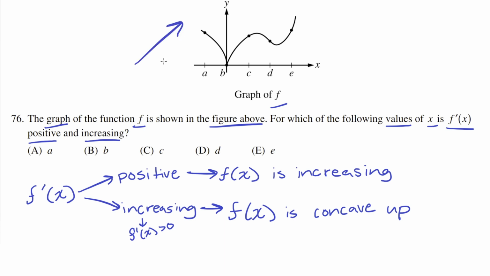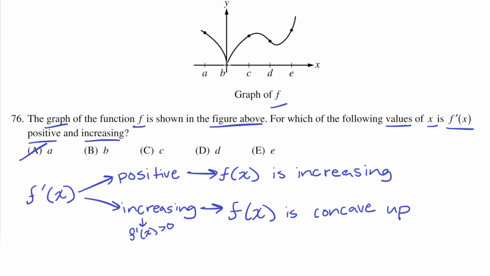Increasing functions have y values that are increasing as you go right on the x-axis. But here in this region, we see that the value of y is going down. If we go and make points on the y-axis, they're going down as the x value increases. So A cannot be the answer because we need the function to be increasing.